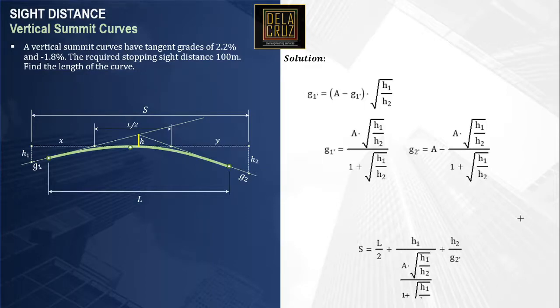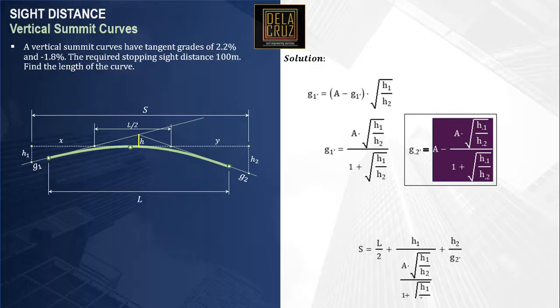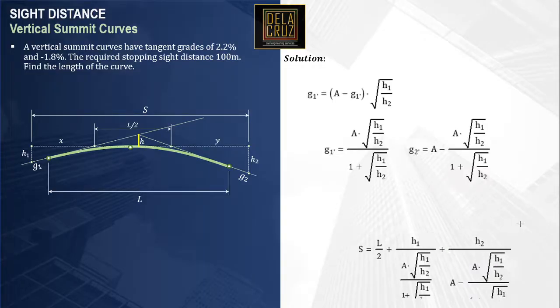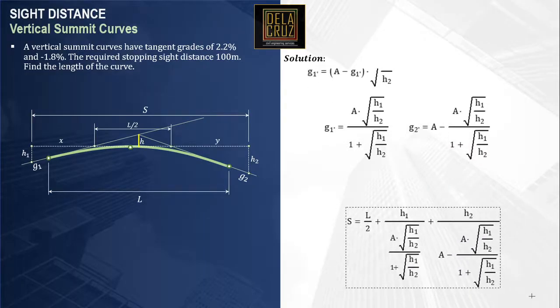G2 prime is this. By the way, we did not use our G1 and G2 in this problem because we need to differentiate this one, or we need to minimize or maximize the S. I hope that is clear.